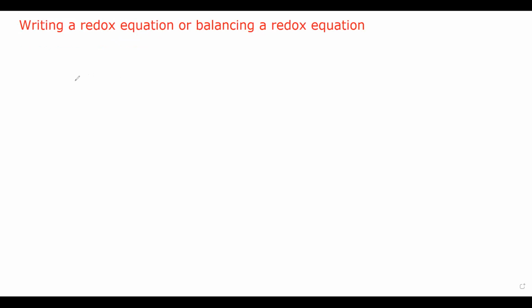They mention that you have a chlorine molecule turning into chloride ion, and there's also another equation in which, starting with iodine first, you have MnO4 with a charge of -1 turning into Mn +2. So this is the equation, and they are asking to balance this redox equation.